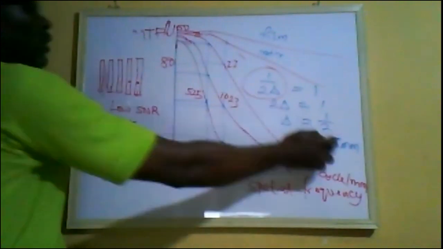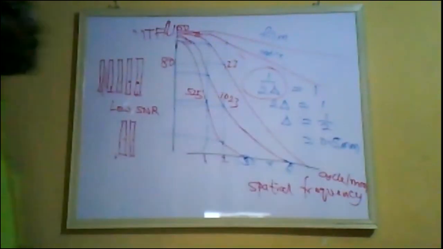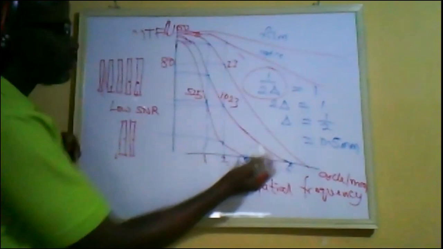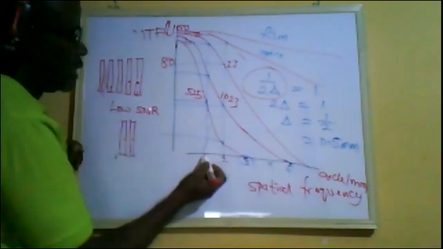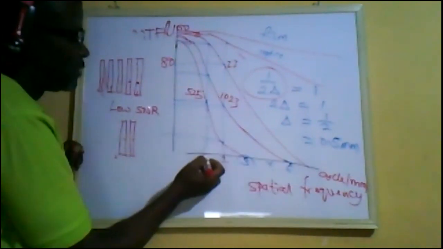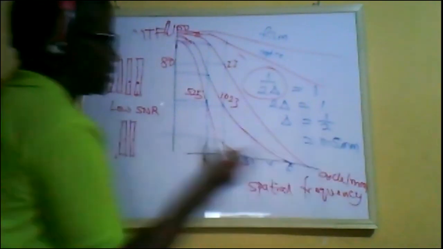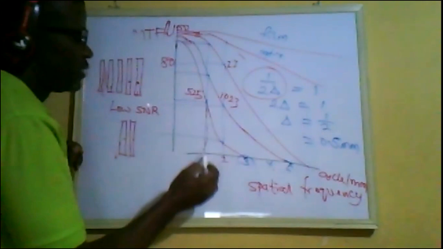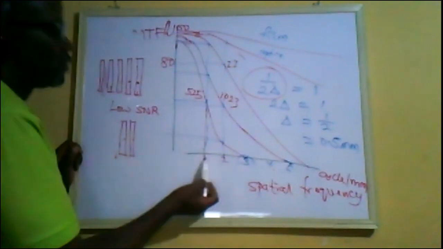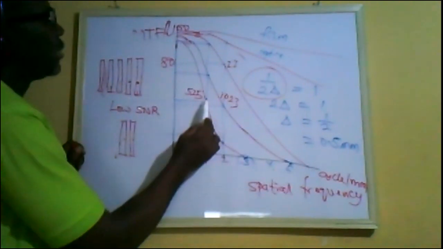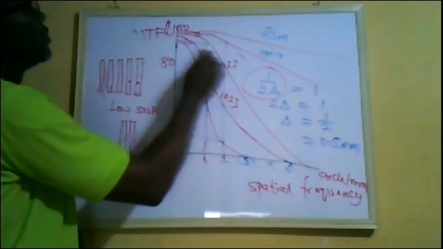gives you 0.5 millimeter. So at this level, a spatial frequency of 1, the object is 0.5 millimeter. But for the II, it is somewhere around here.